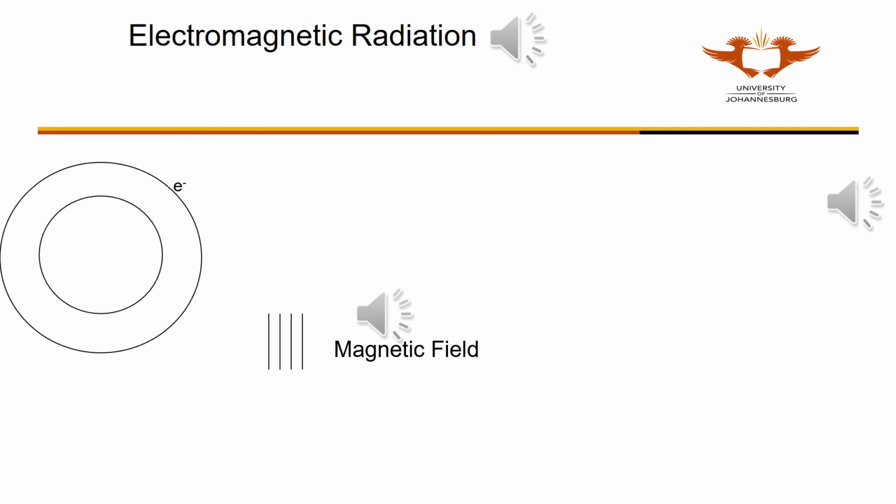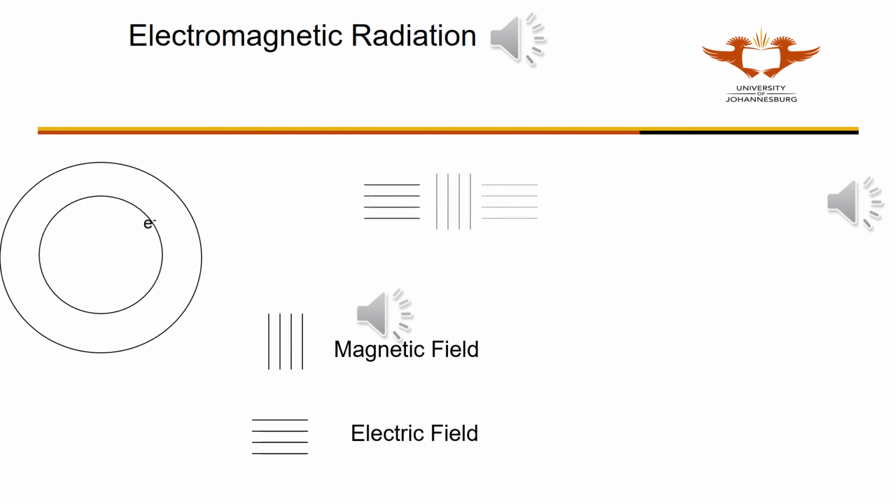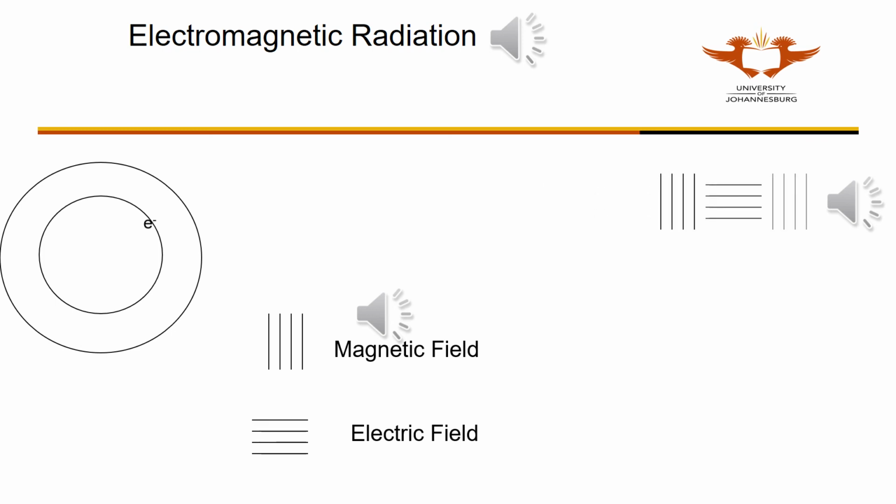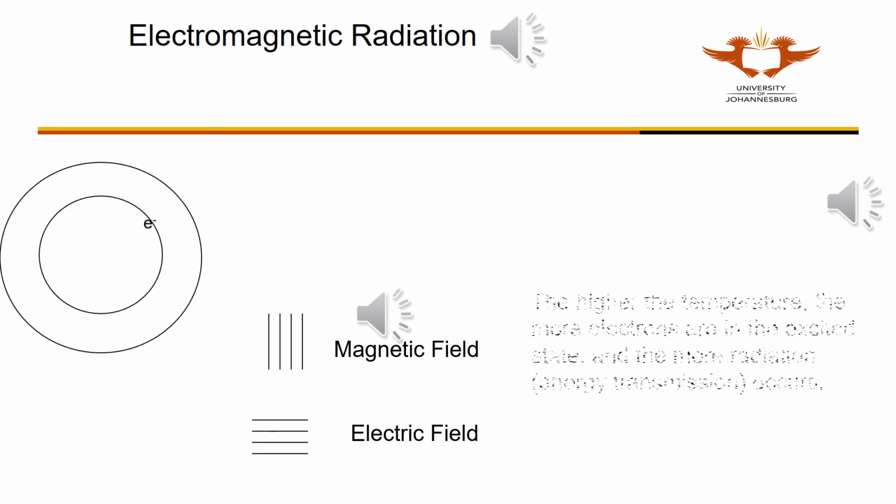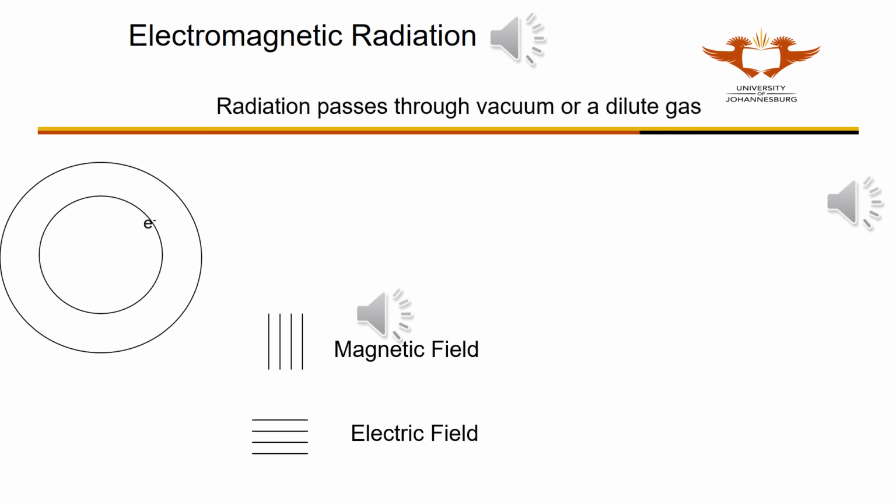The generated magnetic field, in turn, generates an electric field, and so on. If the radiation hits a surface, a magnetic field may then excite an electron into a higher orbital in that surface, increasing the energy of that surface. Heat is thus transferred.